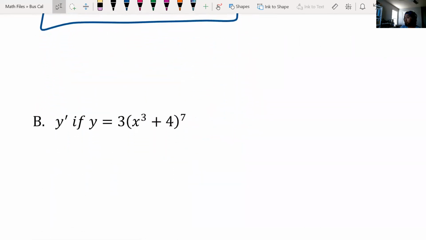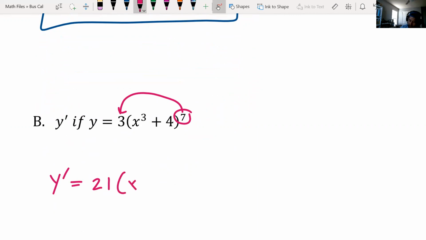B, find y prime if y is equal to 3 times x cubed plus 4 to the 7th. Okay, again, y prime, and we take the derivative. This 7 will come down and multiply that 3. So you'll get 21. The inside will stay the same, and you'll take 1 away, which means we'll get 6.